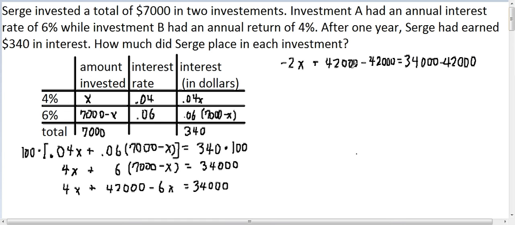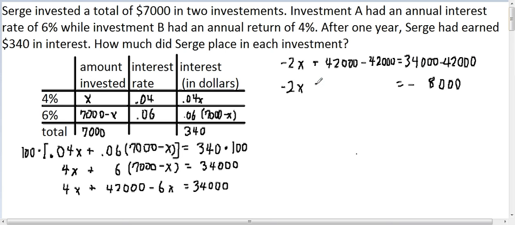The 42,000 and minus 42,000 will cancel out, and that leaves us with minus 2x on the left hand side. And on the right hand side, 42,000 is the larger number after taking the absolute value. So we'll subtract 34,000 from 42,000 and then just add the minus sign. So we get 0, 0, 0. 12 minus 4 is 8, and we carried, so 3 and 3 will cancel out. So minus 2x is equal to minus 8,000.